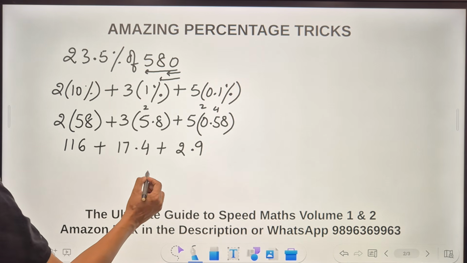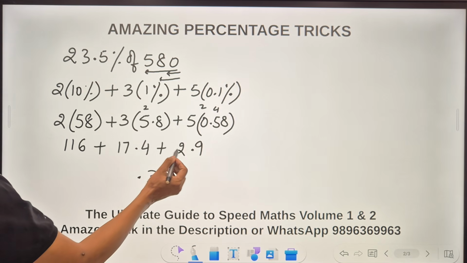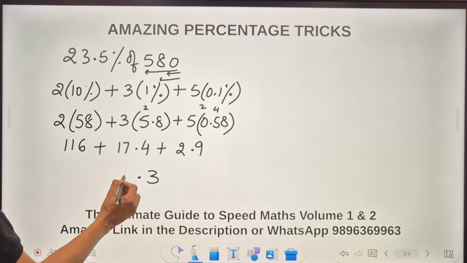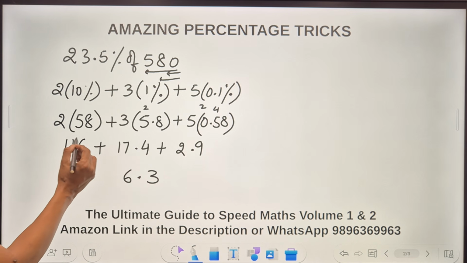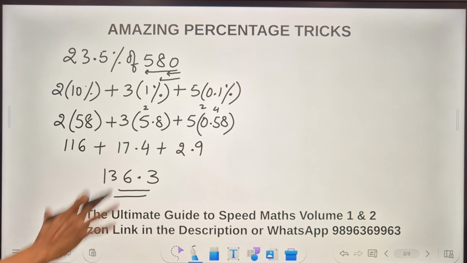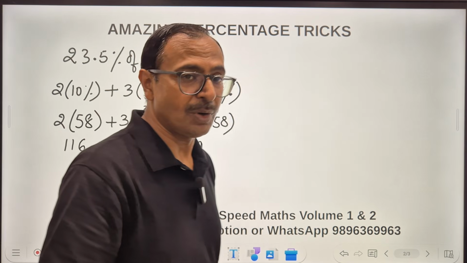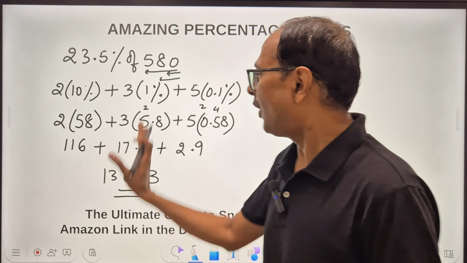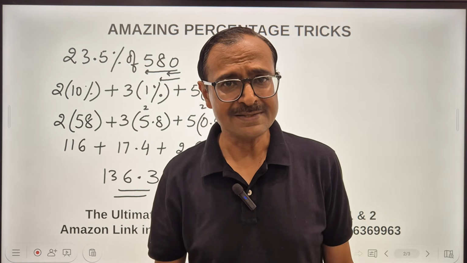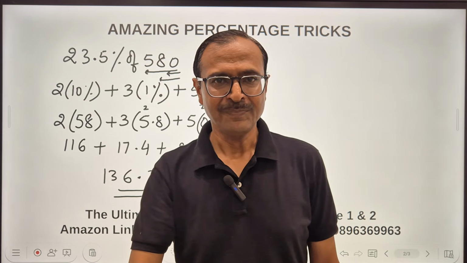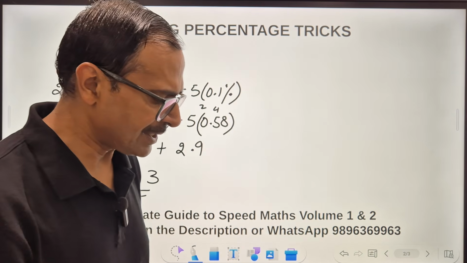I can see 9 plus 4 is 13, 3 1, so 3 plus 7 is 10 plus 6 is 16, 6 1 2, and 11, 13. 136.3 is the required percentage. Again, I tell you friends, all these calculations and steps are mental maths things. You should be able to write these three numbers directly. And I'll show you how using one more example.